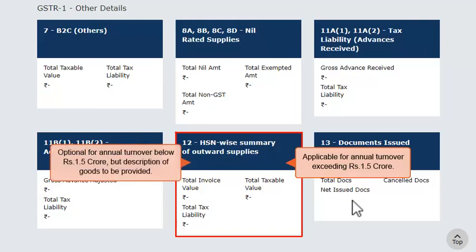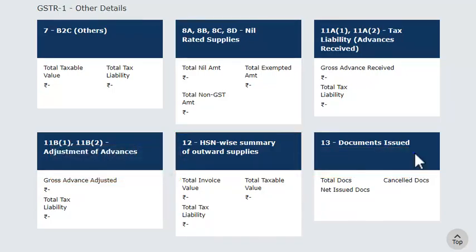Providing this summary with annual turnover of less than 1.5 crore rupees is optional, but the taxpayer still needs to provide information about the description of goods. If the annual turnover in the preceding year was between 1.5 crore and 5 crore rupees, the taxpayer needs to report HSN codes at 2 digits level. For annual turnover exceeding 5 crore rupees, the HSN codes must be reported at 4 digits level.